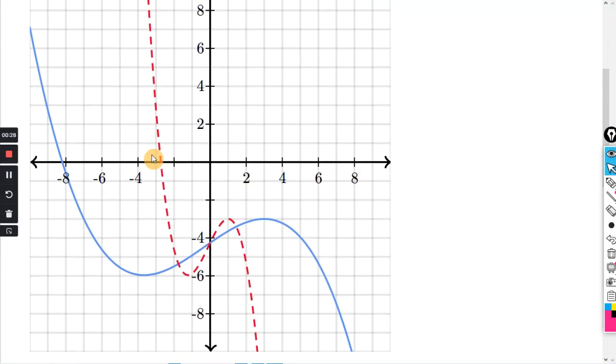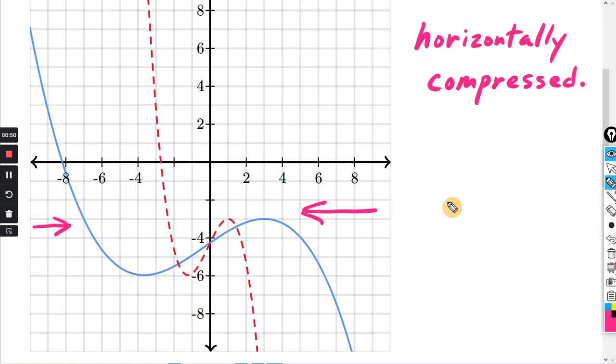If you look at the dashed line compared to the blue line, to me, it looks like it is horizontally compressed. In other words, they took the original blue graph and compressed it horizontally from left to right.